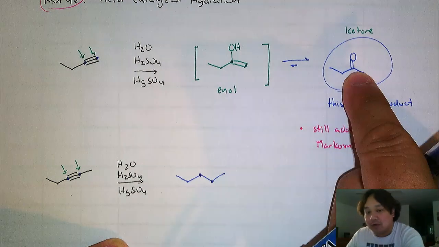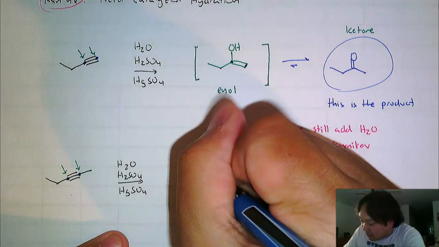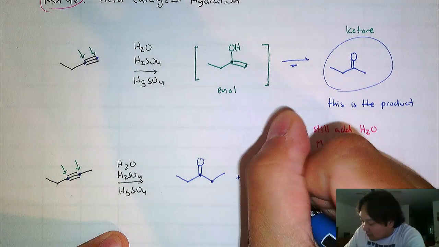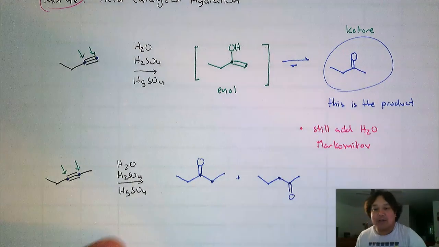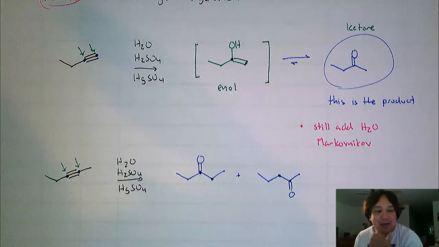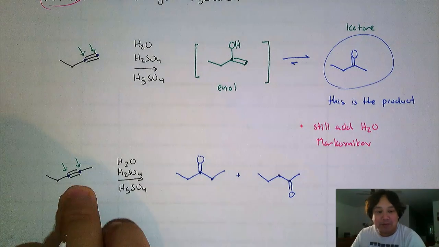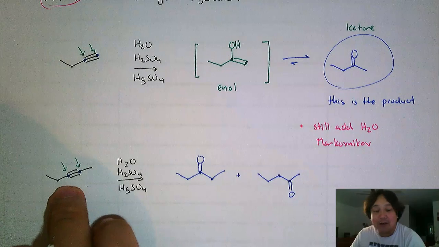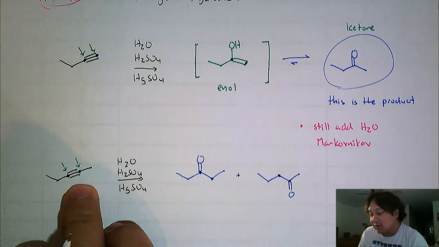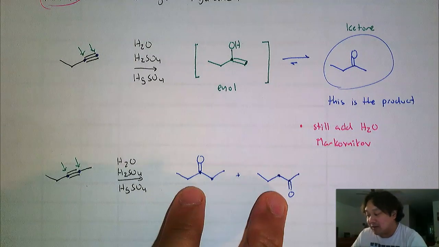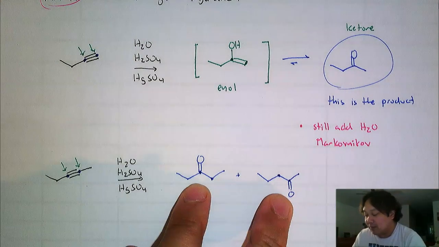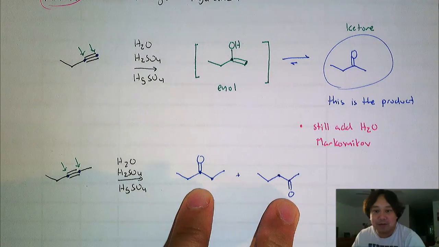The carbonyl group could have gone on this carbon, or it could have gone on this carbon, because Markovnikov doesn't apply here. We don't have a richer carbon. Both carbons have 0 hydrogens. So there is no selectivity in terms of regiochemistry. We make both constitutional isomers.